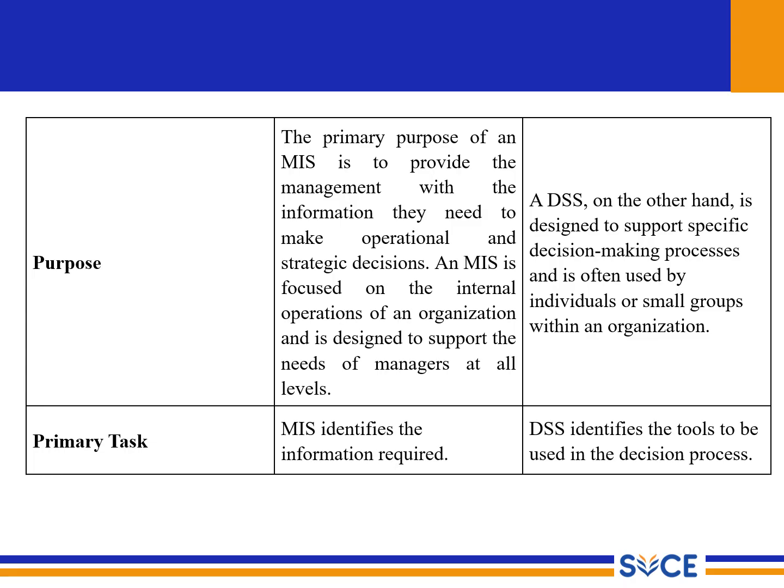MIS is focused on the internal working of an organization, and it is designed to support the needs of managers at all levels. While DSS is designed to support a specific decision making process, and it is often used by individuals or small groups within an organization. On the primary task, MIS identifies the information required, while DSS identifies the tool that is used in the decision process.